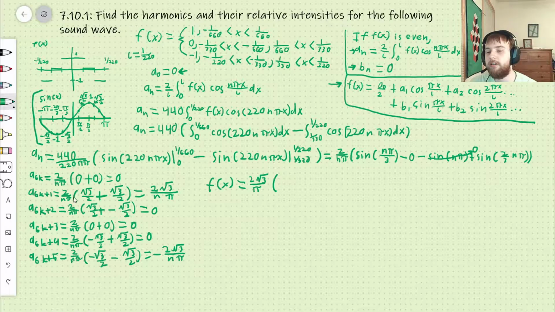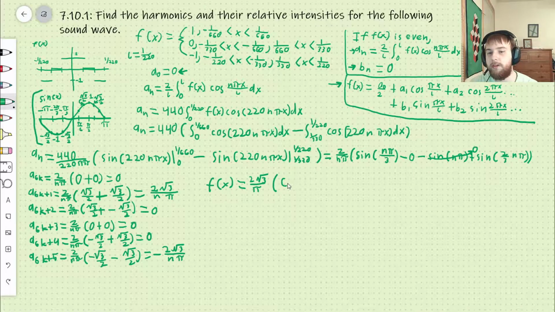Okay. So, when n is a multiple of 6 plus 1, it's going to have this coefficient in front of this term. So, since we took care of the 2 square root of 3 over pi, all we have left is the 1 over n. But for n equals 1, then it's just going to be 1 over 1.